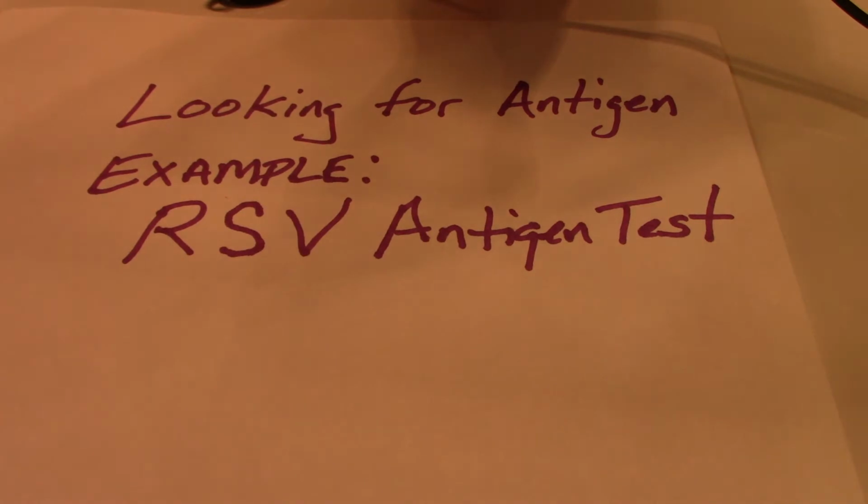That diluent will allow us to create a suspension of the specimen. That specimen then can be utilized to determine whether or not we have antigen for this particular virus.